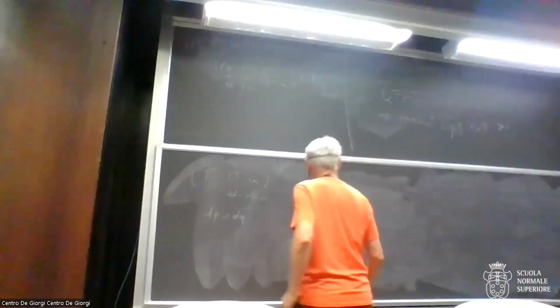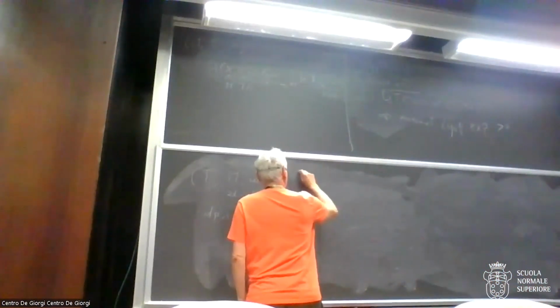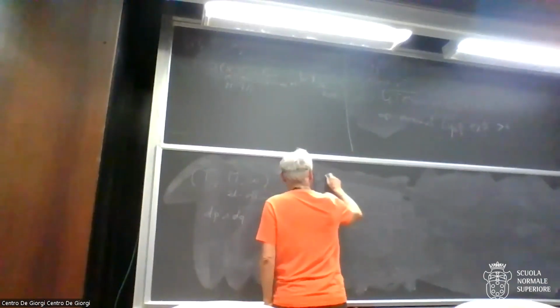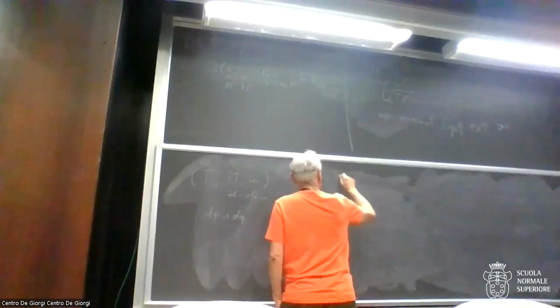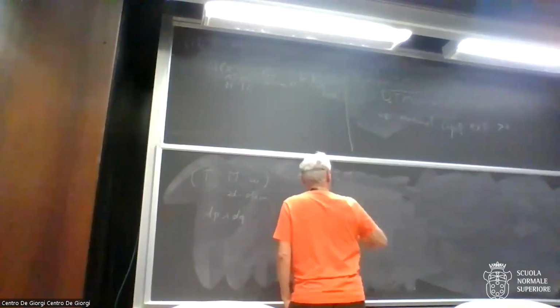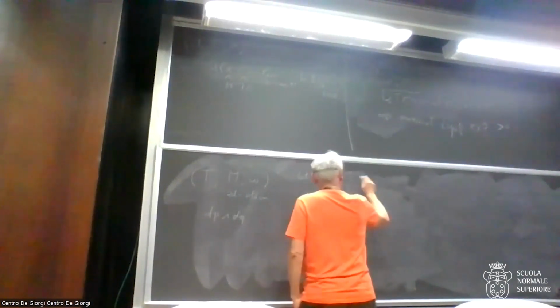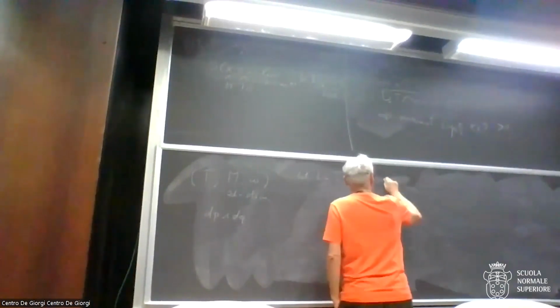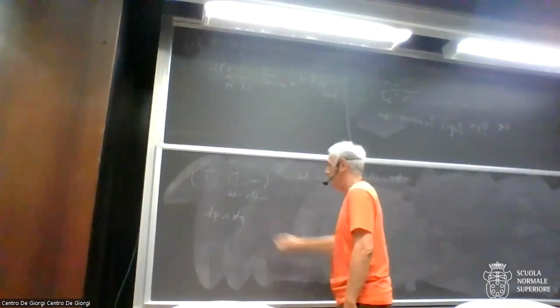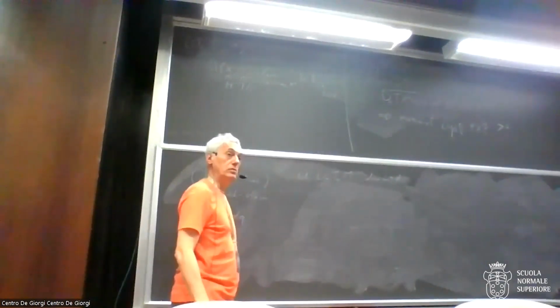So what is a Lagrangian subspace? Let L be a subspace in T_xM, and let the dimension of L be d, so half of the full dimension.